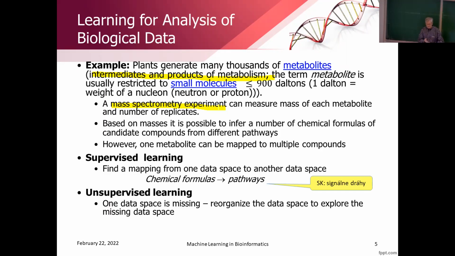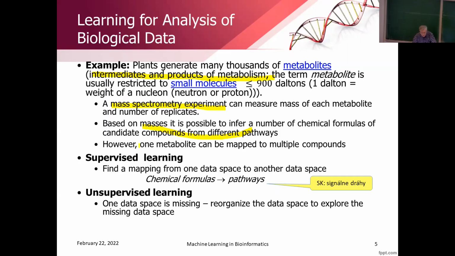Okay, so based on the masses, it's possible to infer some formulas for the metabolites, or we can also measure the amount of the charge collected here, and from that we can also measure the composition.